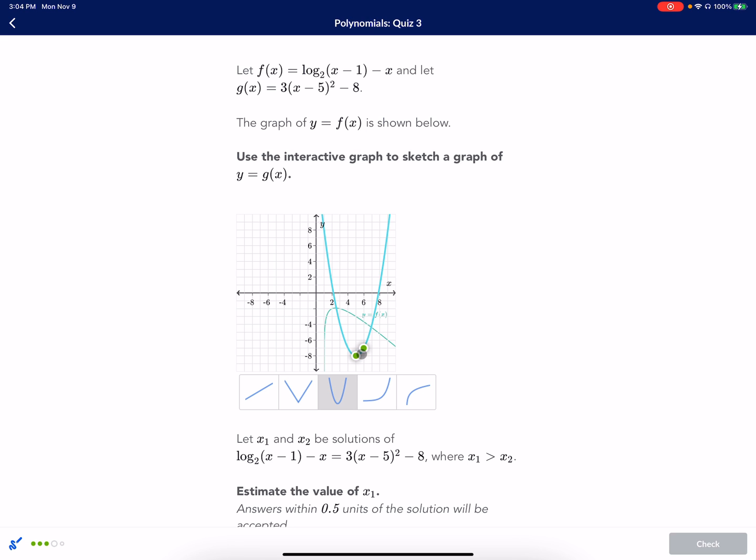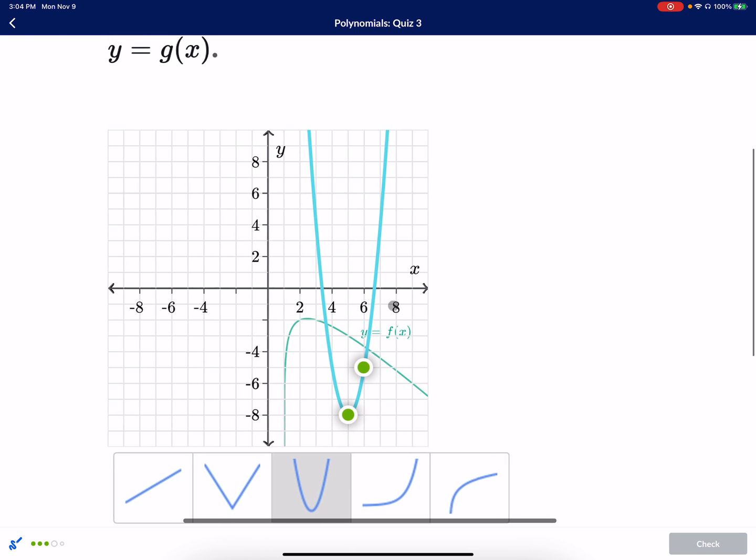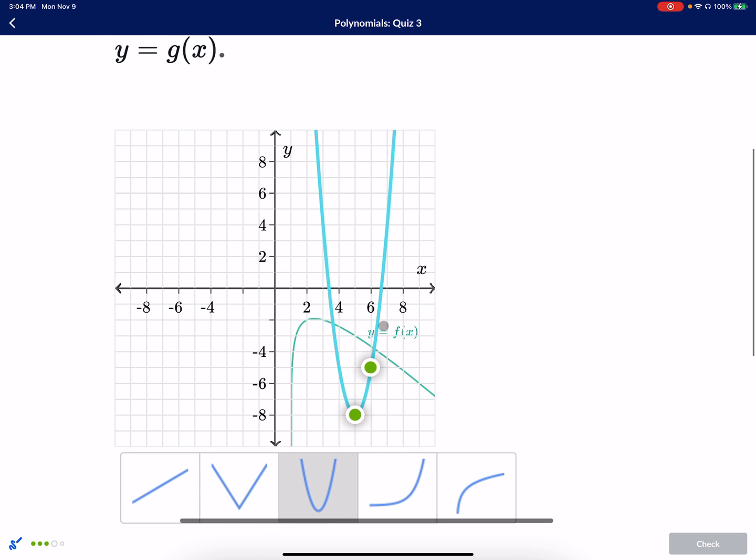But with a vertical stretch of 3, you're going to go right 1, up 3. I love how this interactive graph just changes that instantly. So I'm going to take some time here. Maybe I'll zoom in just a little bit so we can see real well.